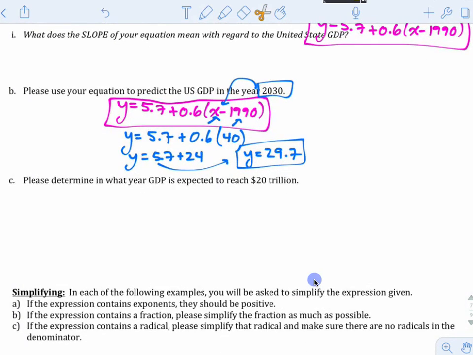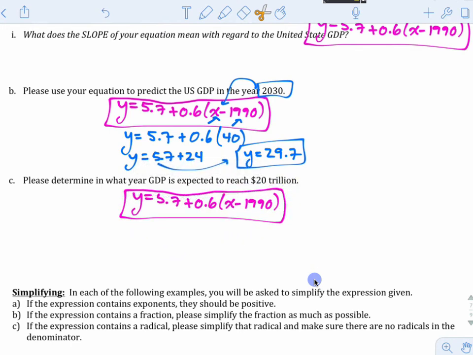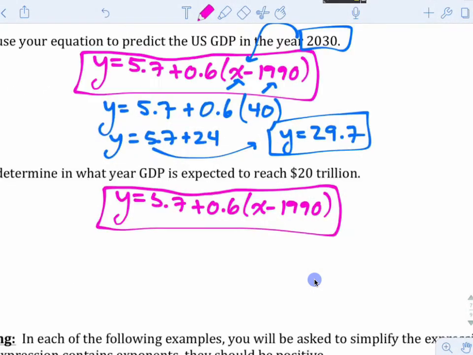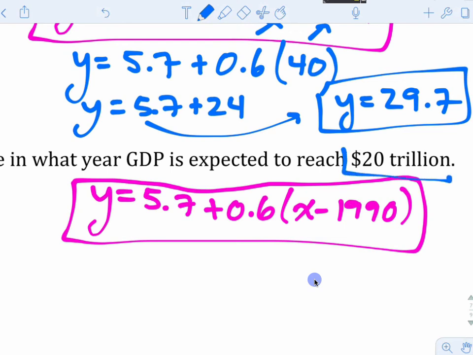Equivalently, we could answer a different question. We could say, well, when do we expect the GDP to reach a certain number? Namely, $20 trillion. And all we need to do is, I'm just going to circle that 20, and we just got to plop that in here for our variable, which represents the GDP in trillions.